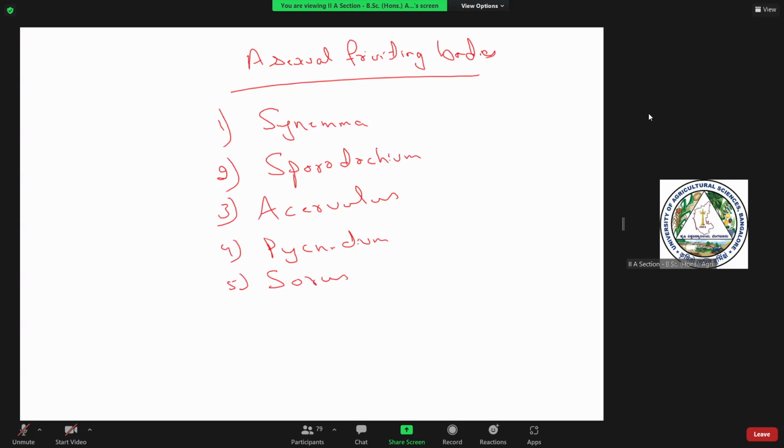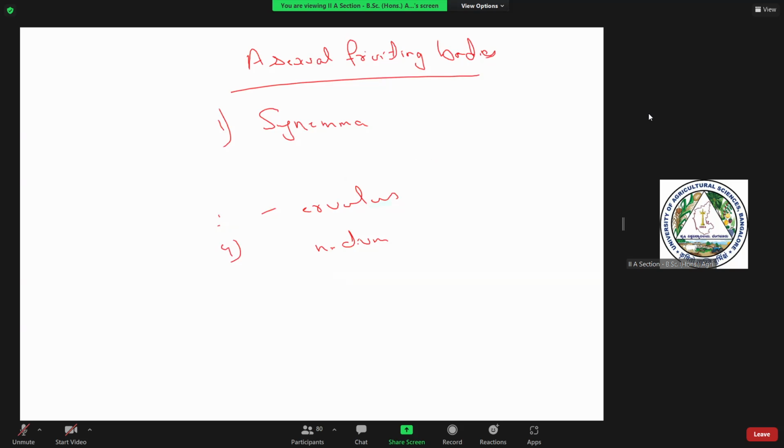These are the major five types of fruiting bodies commonly produced by plant pathogenic fungi. And how do they differ? They differ basically with respect to morphology. So how does this morphology vary?